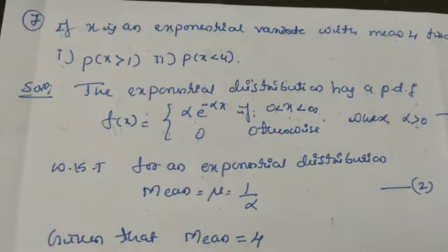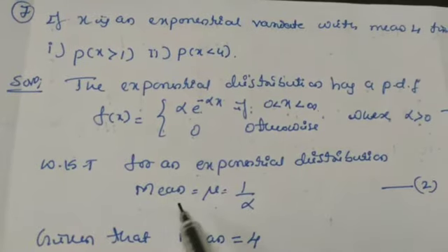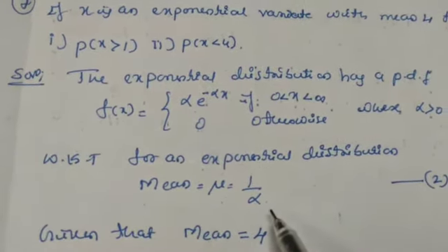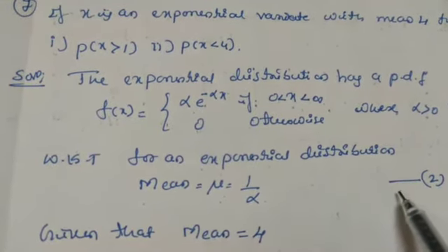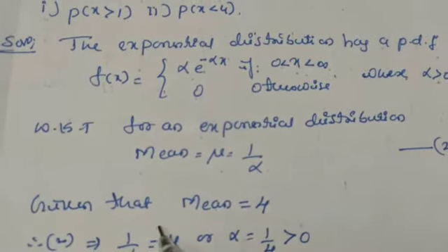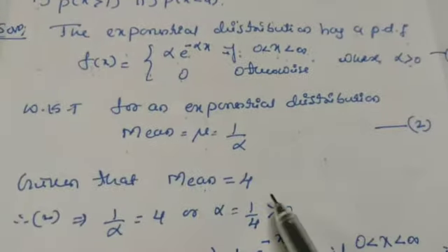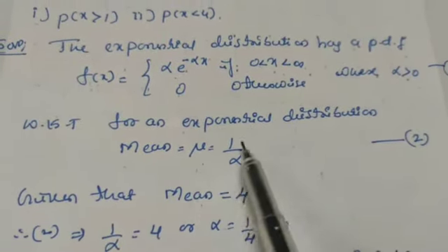Take this one as equation number 1. And we know that for an exponential distribution, mean mu is equal to 1 by alpha. This we derived in the exponential distribution function. Take this one as the second equation. Now given that mean is equal to 4, it is given in the question. So from the second equation we have 1 by alpha is equal to 4.